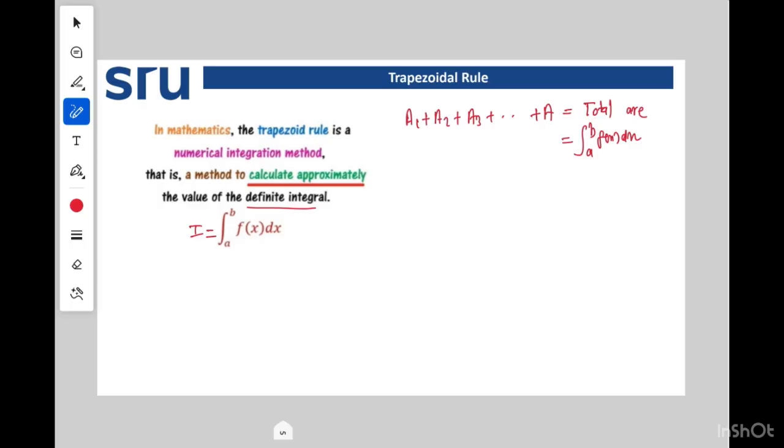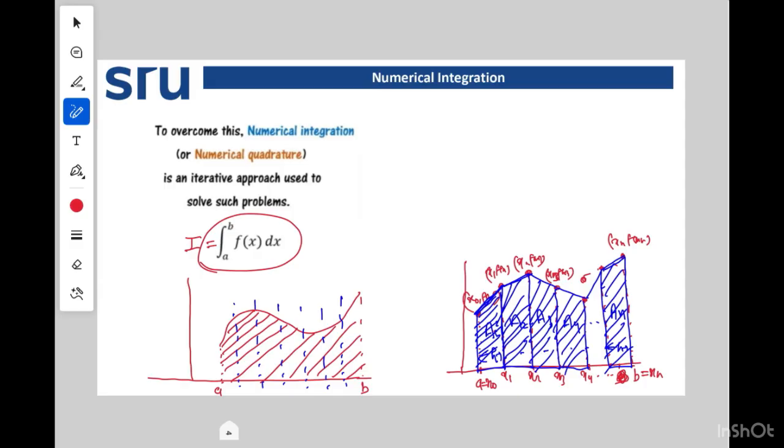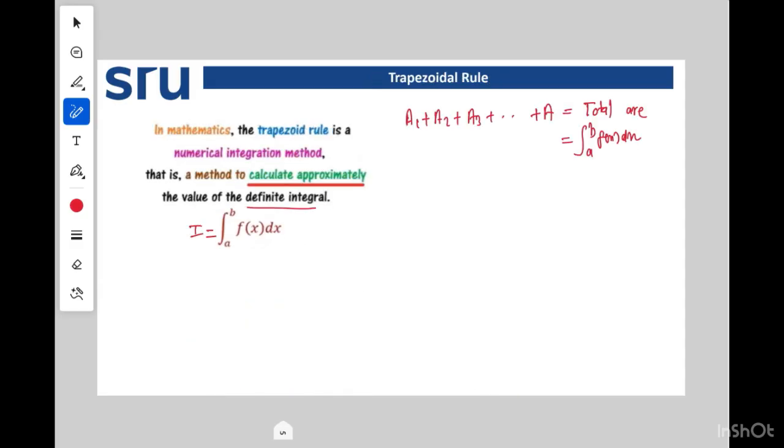So how do we find the area of each trapezoid? Suppose I take the first interval x0 to x1, that is for n equal to 1.